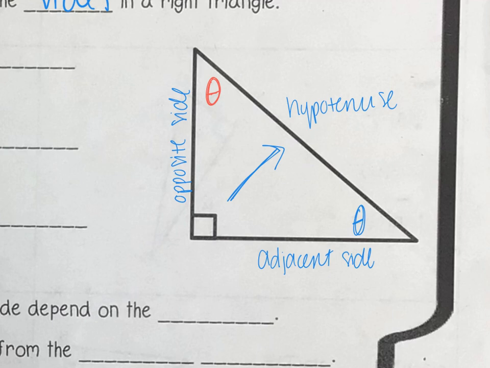My opposite and adjacent would switch because now the side that's adjacent to that red one is this one, and the side that's opposite is this one. So your opposite side and your adjacent side depend on the reference angle. That's actually a blank we're going to fill in as well.